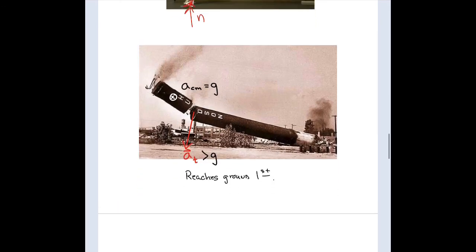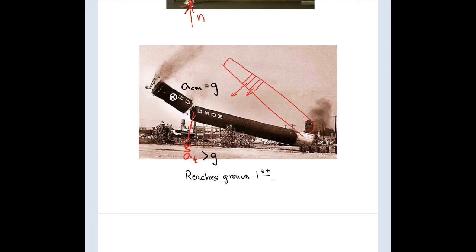Here's a chimney. This thing was falling. You have bricks, like the masses I drew. You have differential tangential forces, which then rip the bricks apart. What holds the bricks together? The mortar.